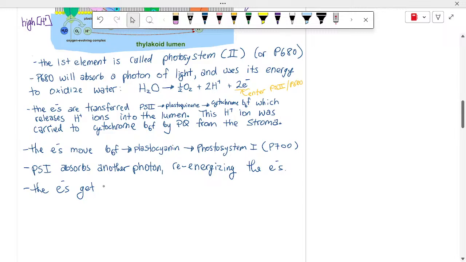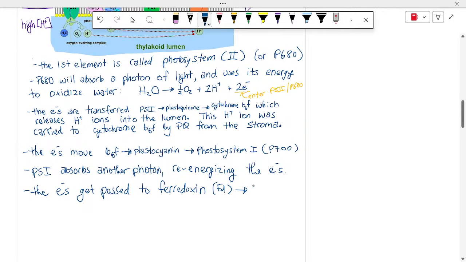So they get passed to ferredoxin, and then from there to FNR, ferredoxin NADP reductase, because it takes the electrons from ferredoxin and passes them to NADP, reducing it. So it's ferredoxin NADP reductase, or FNR, which I'm not going to write out.